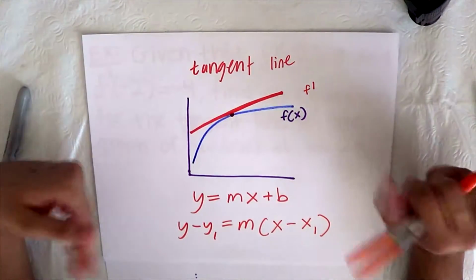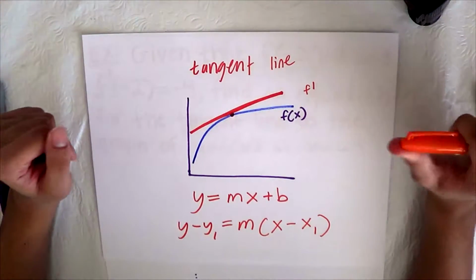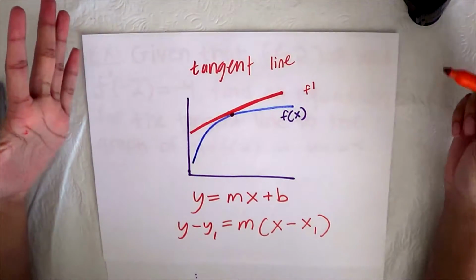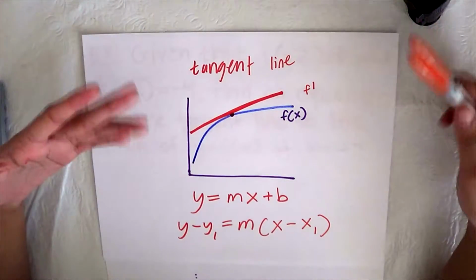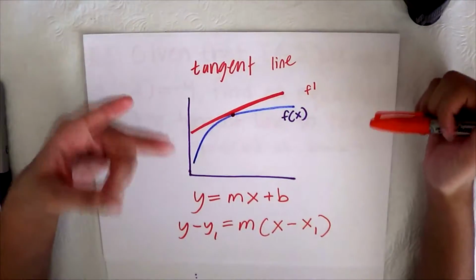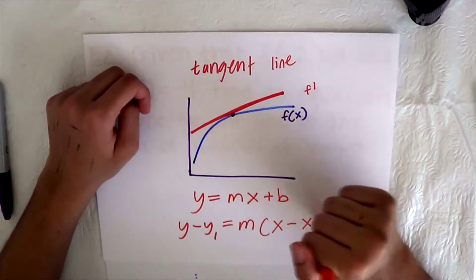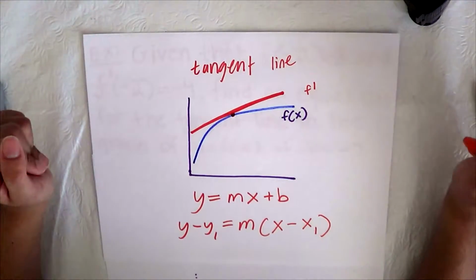It's easier because when we have problems, we're usually given a point, and we will use the point and the equation and the original function to find our slope, and we will only have those two things, so it's a lot easier to use point-slope form. So that's how you find a tangent line equation.